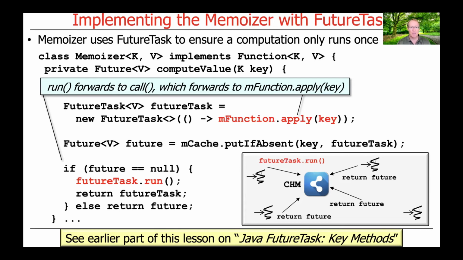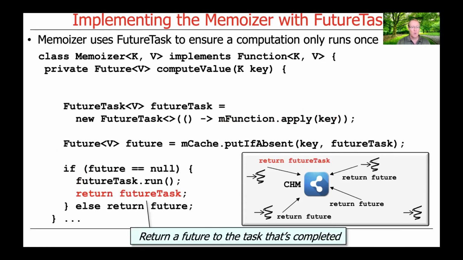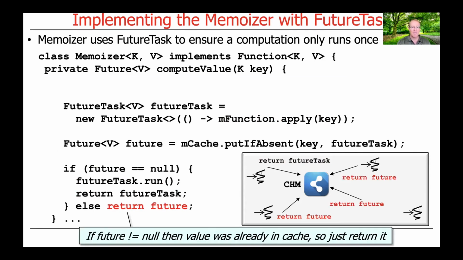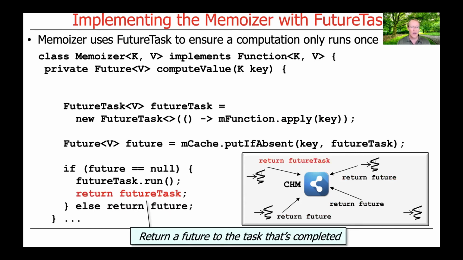And anybody else who came along who called put-if-absent will get back that future. So that future will be returned, the one that was placed in there. And this is where that future will come from. The future task that was returned by the first thread in will have been stashed away inside the underlying ConcurrentHashMap by the call to put-if-absent.